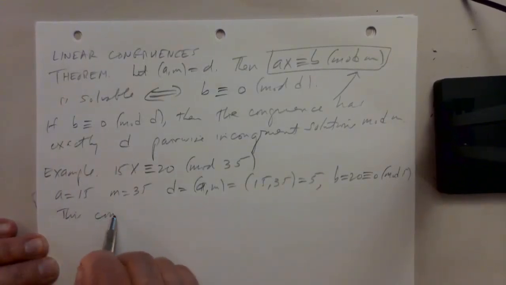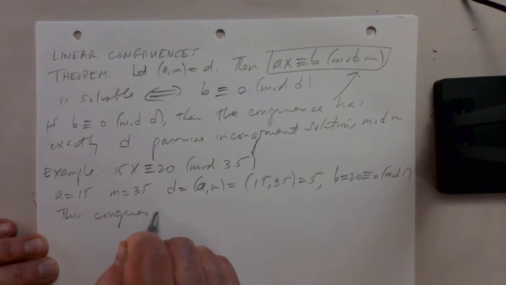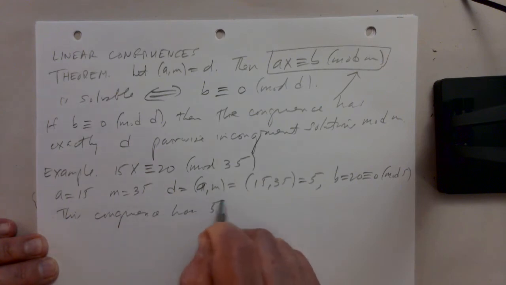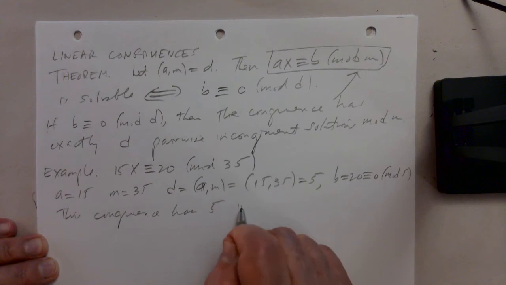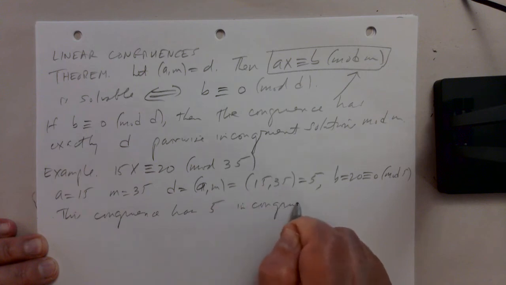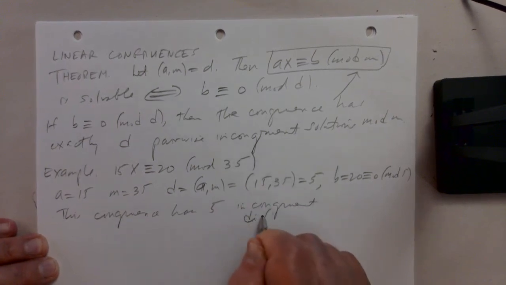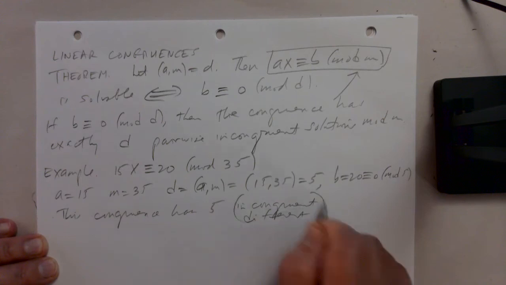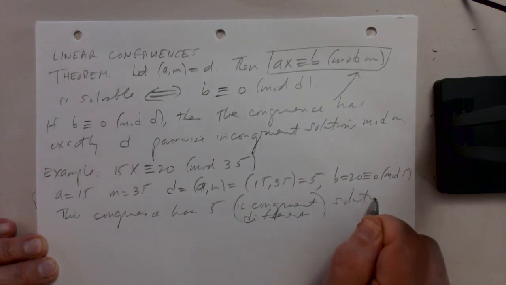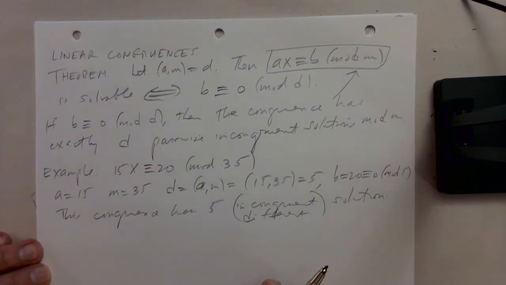So this congruence has exactly 5 incongruent, or different, solutions. So let's try to find them.